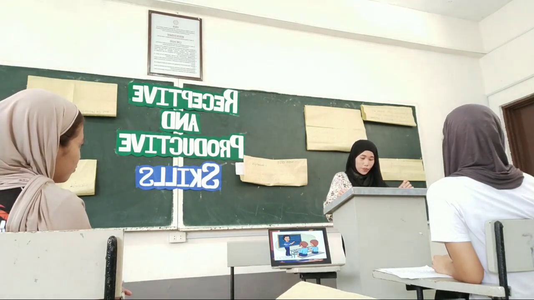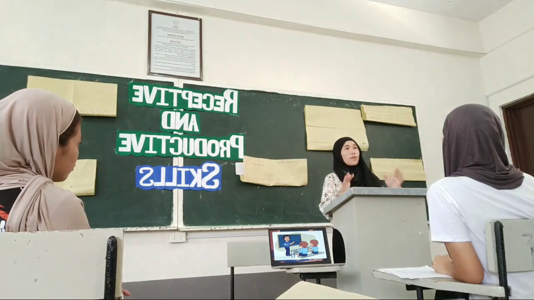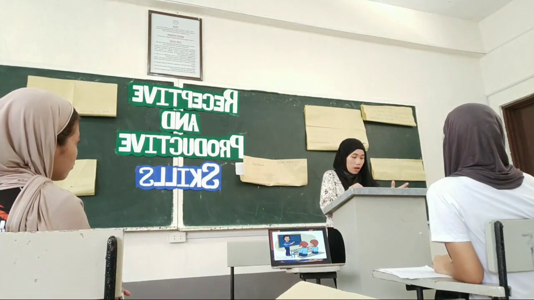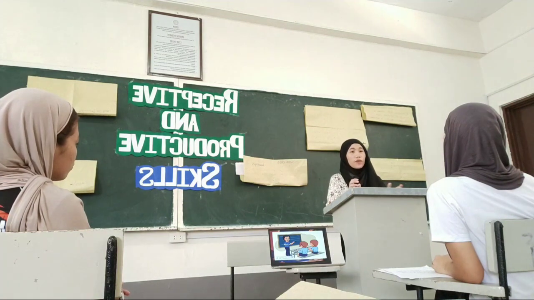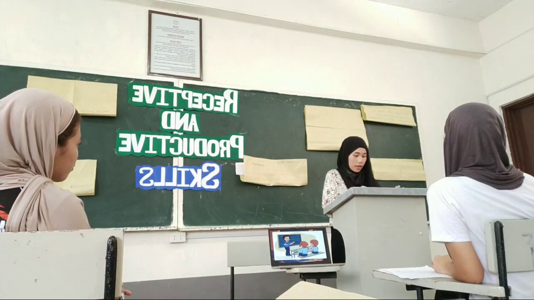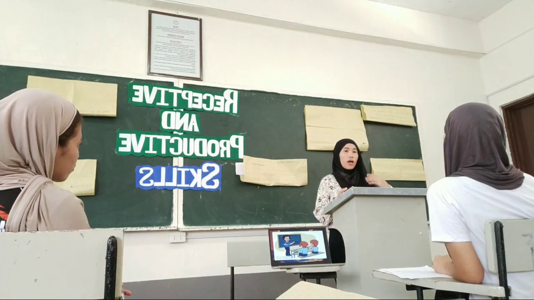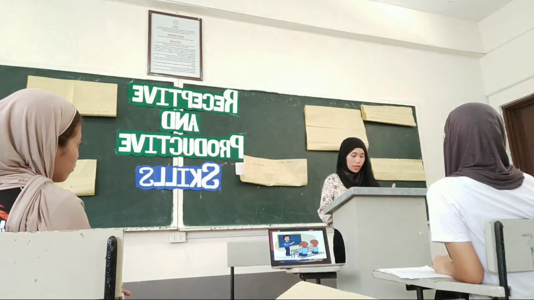Okay, so when you say macro skills, in other terms, language skills, it refers to the fundamental skills in language learning and communication, which are listening, speaking, writing, and reading.